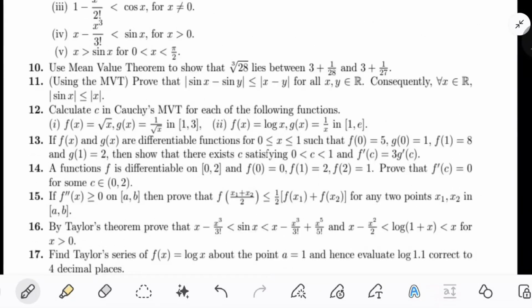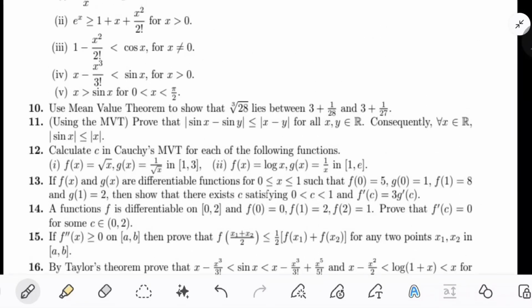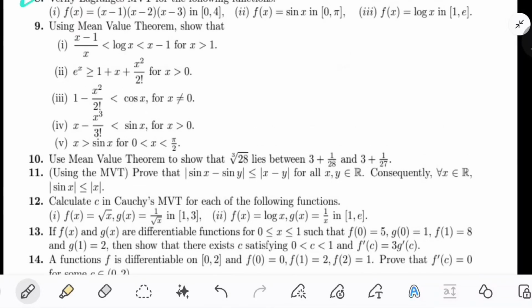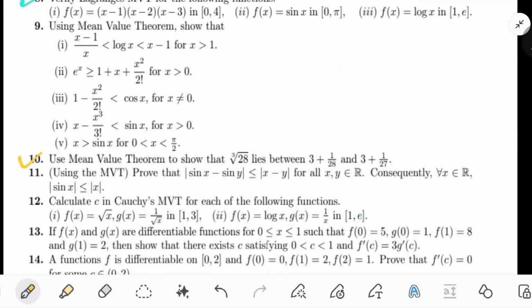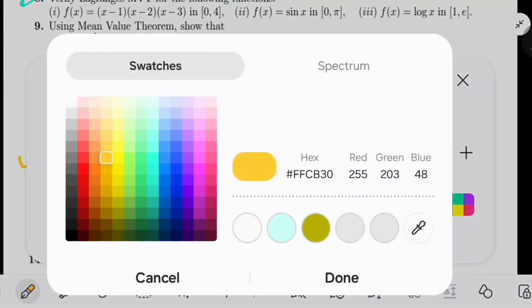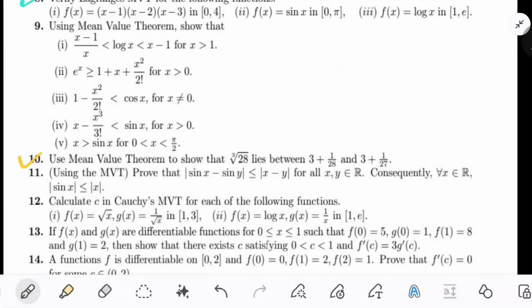Let's see another question which maybe we can solve. Well, let's do 10th one, right? This is somewhat a new type of question.